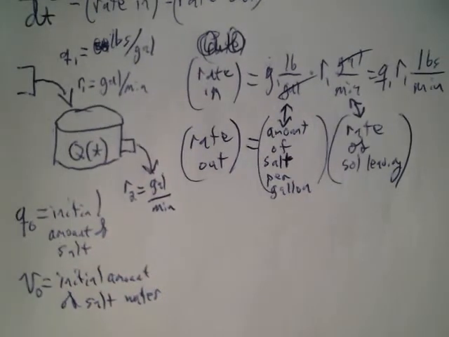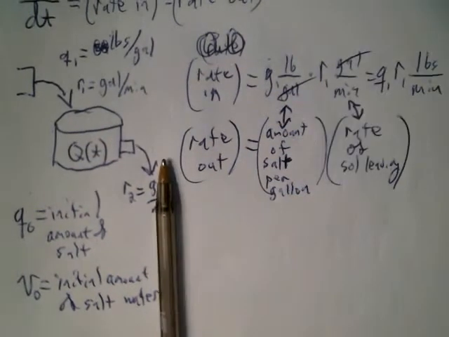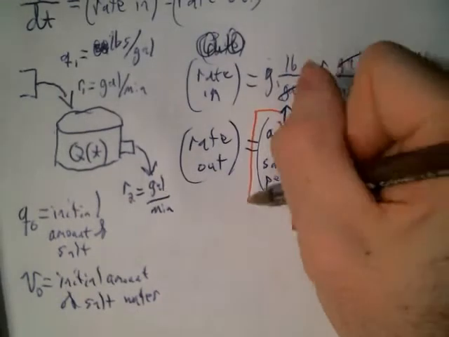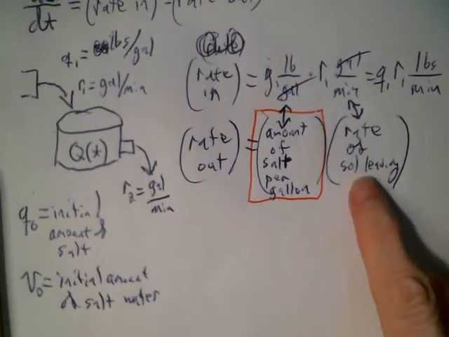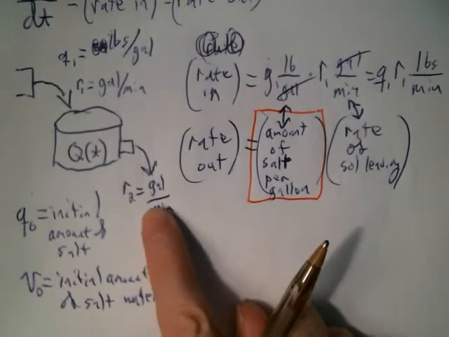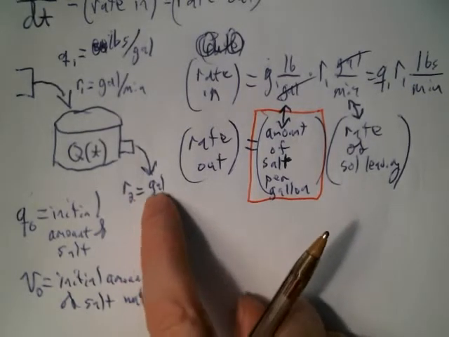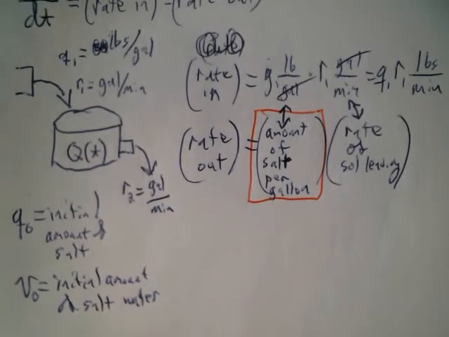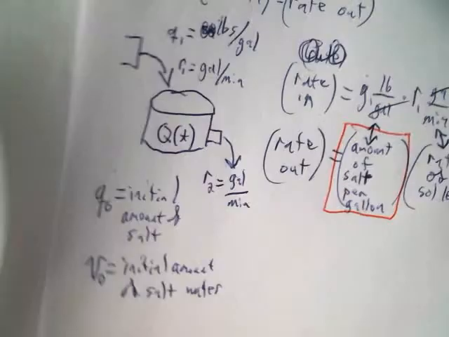So this object here is what we're after. The rate of the solution leaving is given as R2, in gallons per minute.